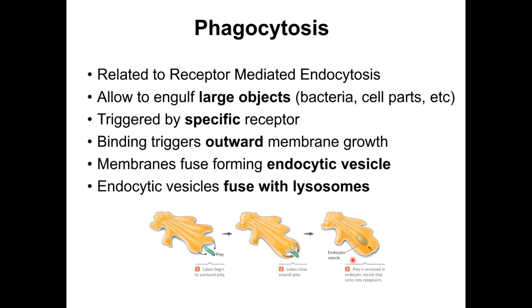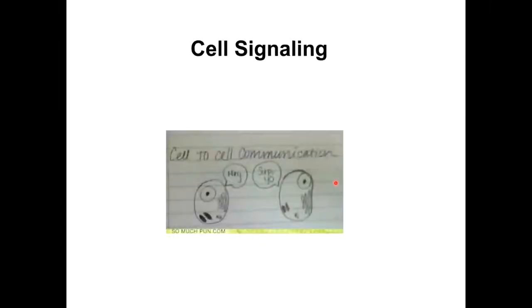In phagocytosis, it causes the expansion of the membrane outward. This leads to the formation of an endocytic vesicle, which then fuses with the lysosomes. Now, all of this movement, pinocytosis, phagocytosis, and receptor-mediated endocytosis, requires quite a bit of ATP, of energy, in order to proceed.